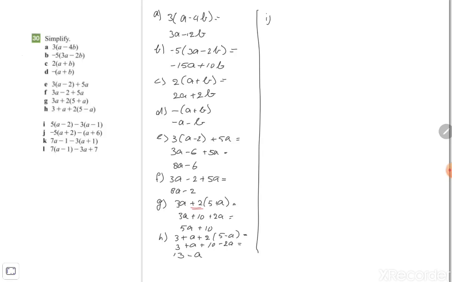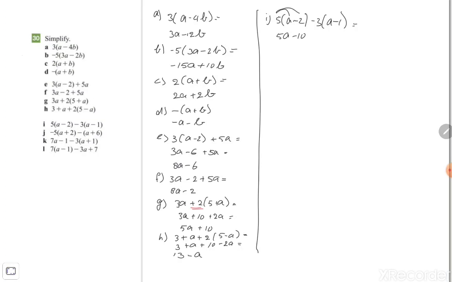I. 5 times inside the brackets A minus 2, minus 3 times inside the brackets A minus 1. Now, step 1 is 5 times A, so that's 5A, and 5 times minus 2 is minus 10.